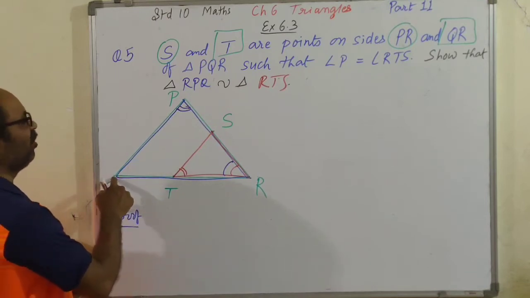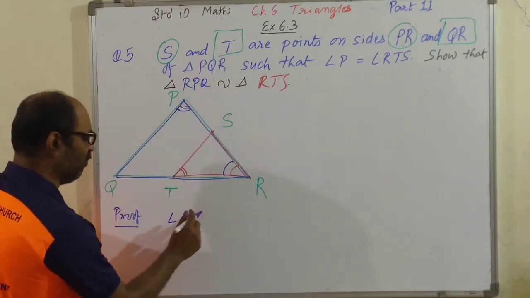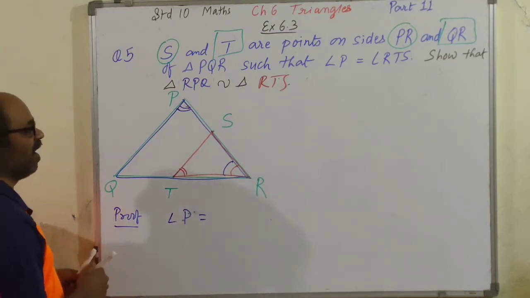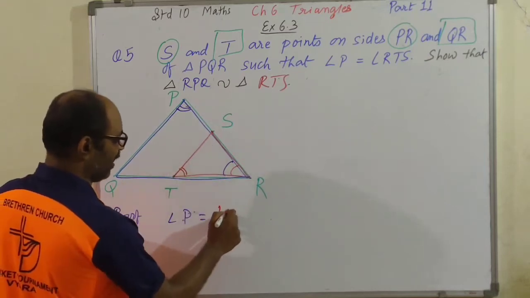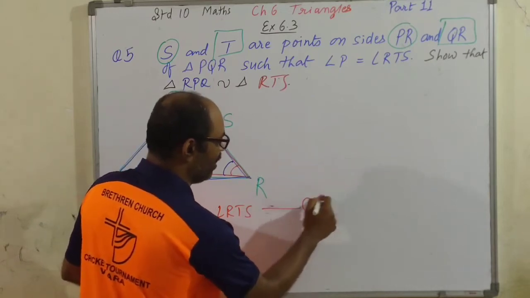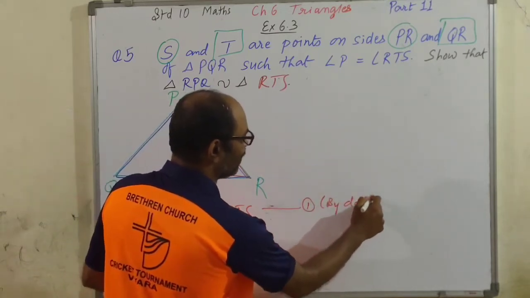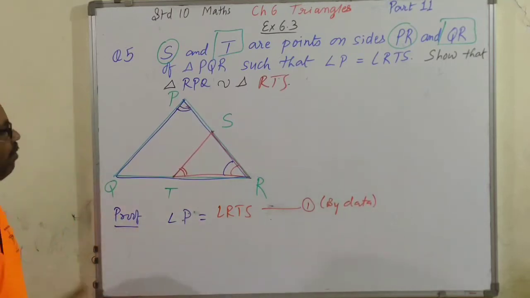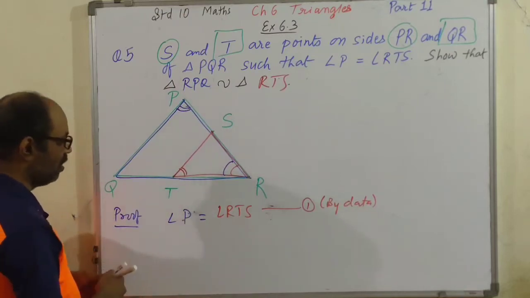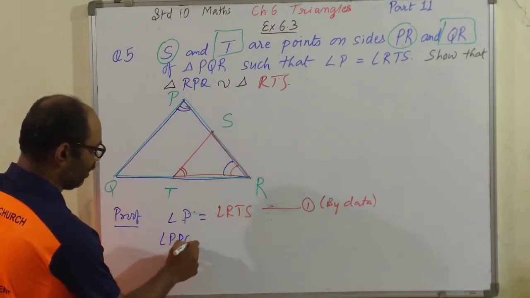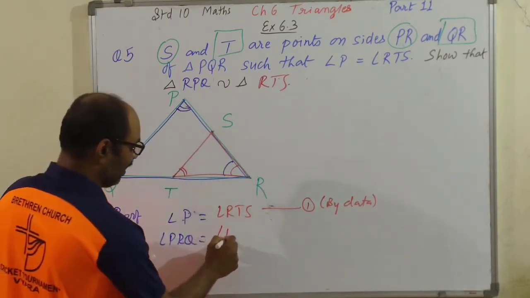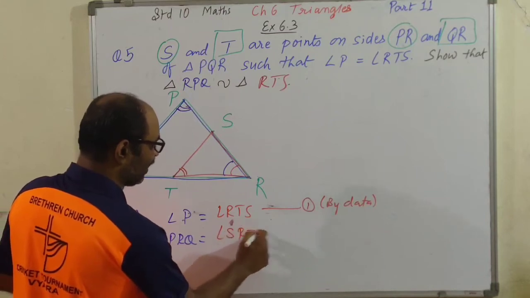Blue triangle, angle P is equal to red one, angle RTS. I'm going to call it 1, by data. This is given in the data. And the common angle, blue angle Q, or you may say PRQ. Angle PRQ is equal to which red angle? SRT. Angle SRT.